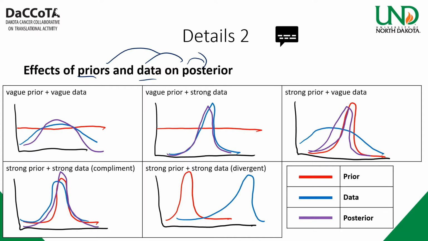Now, if these are very divergent, of course, that's going to have a strong effect where it's going to sort of middle out here. And in this case especially, you would want to get more data and keep working on it to be able to figure out a better distribution for your parameter, like get more information about what is truly going on.